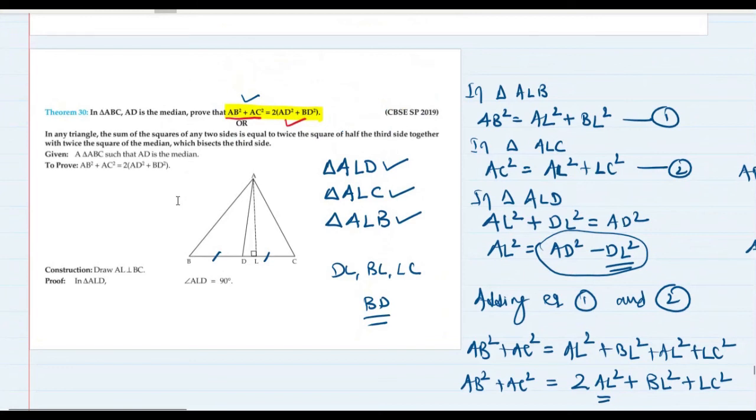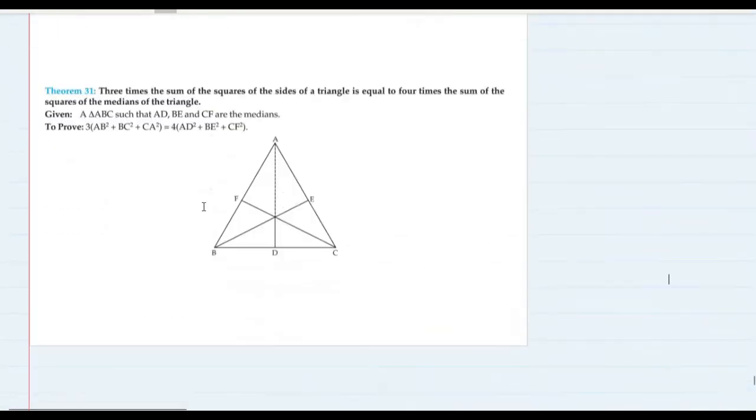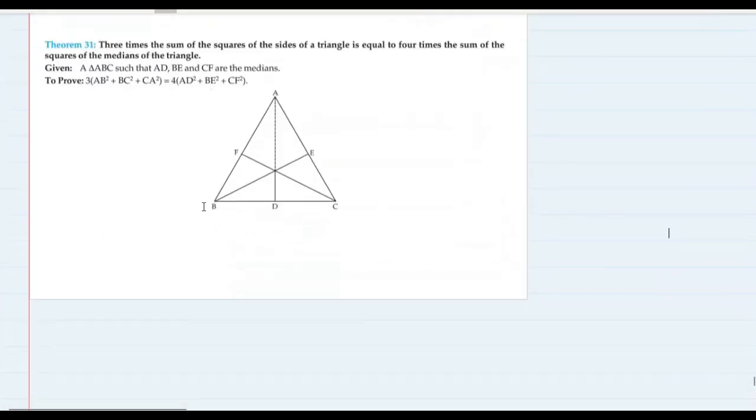In any triangle, if you have a median, the sum of the squares of the other two sides, on which the median is not drawn, is equal to twice the sum of the square of the median and half the third side, that is one of the parts of the third side on which the median is drawn. That is 2 times AD square plus BD square. So if you apply that over here, something can be done. Applying that previous theorem directly, let's see what we get.